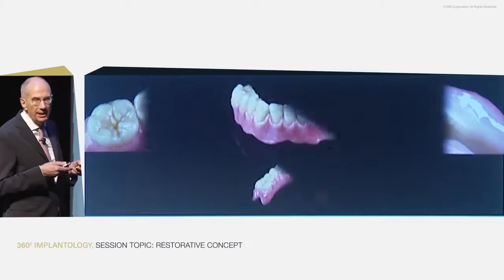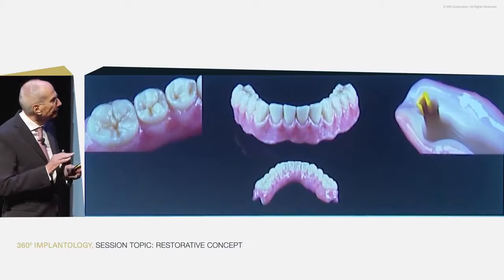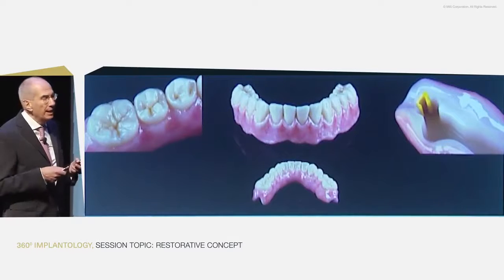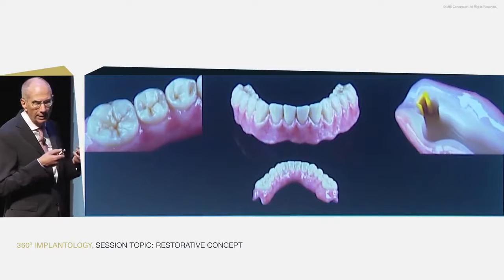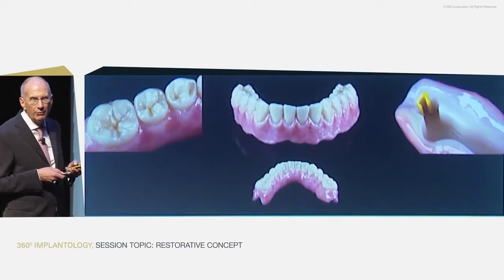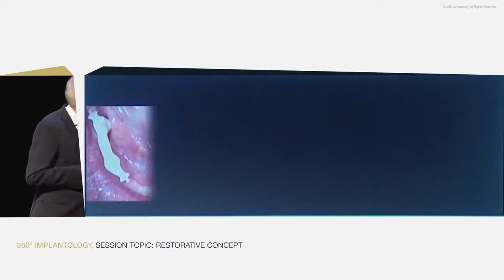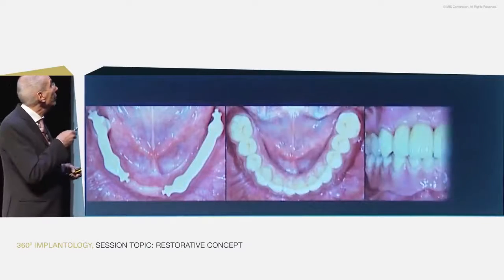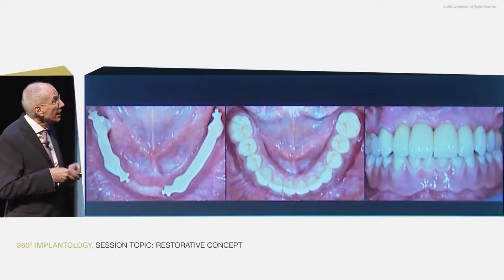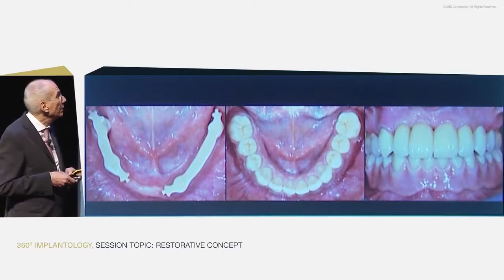You can elaborate it with a very perfect surface for less plaque adherence, and also aesthetically we can achieve a very good result. This is the case intraorally, where you have a full zirconia bar and a full zirconia overdenture.